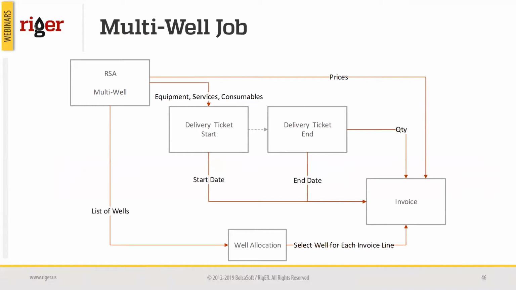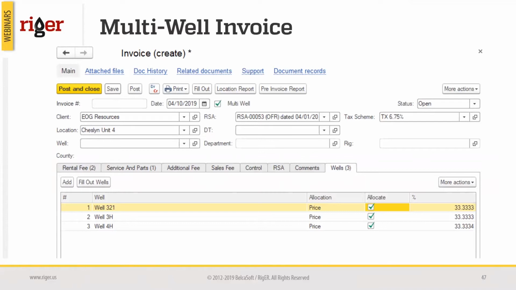So we call it a multi-well RSA, and we add the list of wells with all EFE numbers, CC numbers, PO numbers for each well. And then we set up the well allocation rules, how a particular line needs to be allocated. It could be evenly allocated between different wells, or it could be allocated line by line.